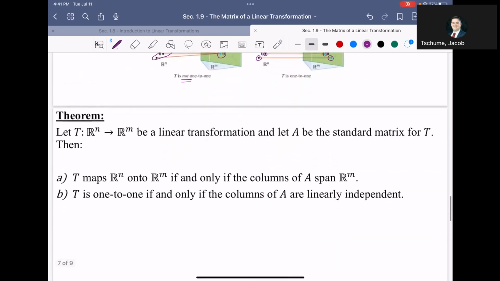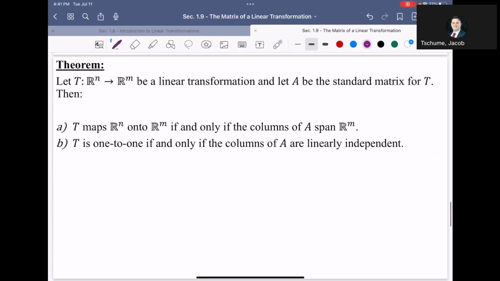Now, obviously, the problem here is that if you're working in higher dimensions, this is impossible to draw and visually see. So we need a way to use our properties to know whether or not each one is true. So here's my big theorem to wrap up this section.